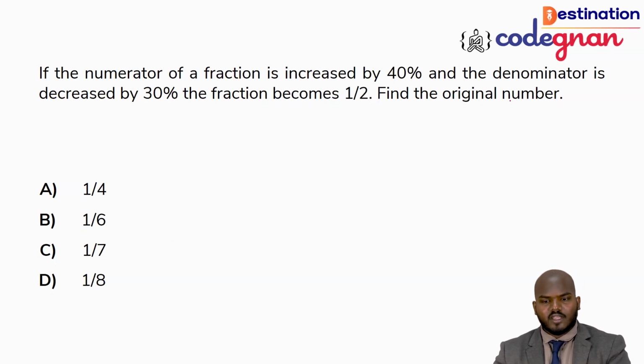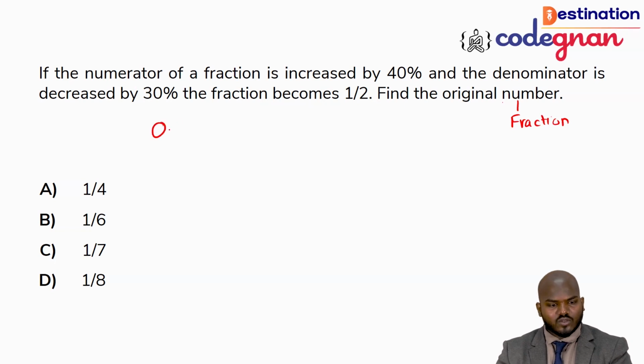So initial number means here it is talking about the fraction only. I can call the initial number the original number, which means the original fraction. A fraction has a numerator and denominator, so I can call the original fraction x by y.